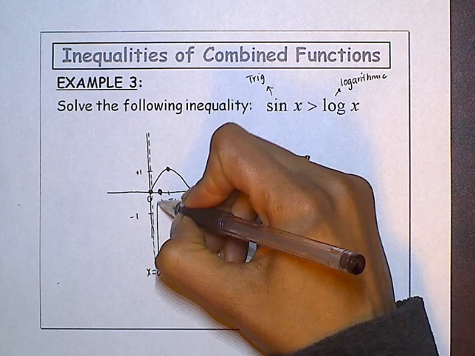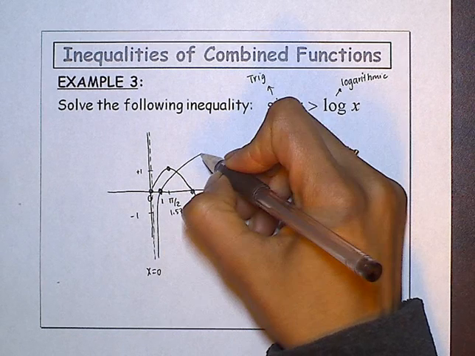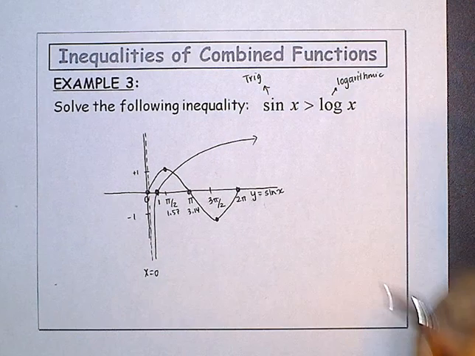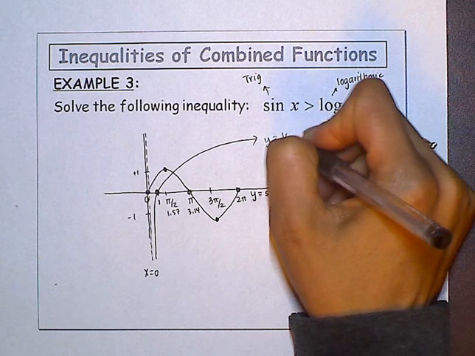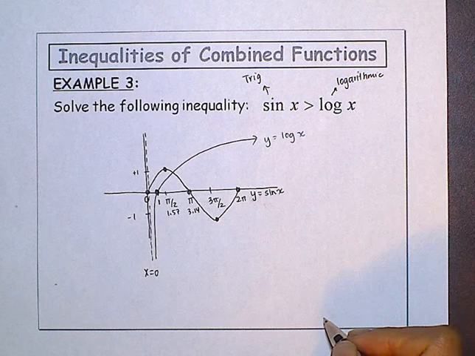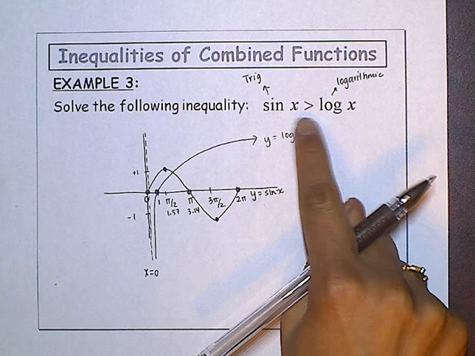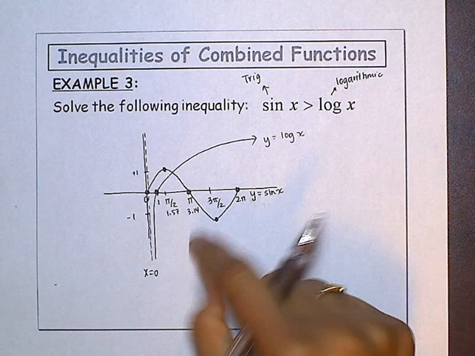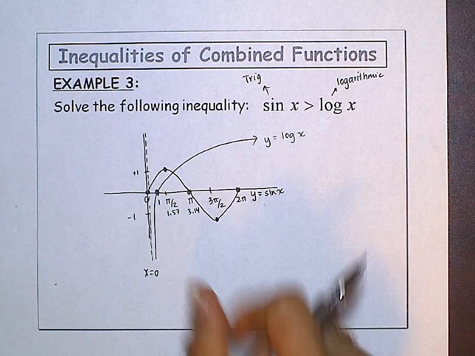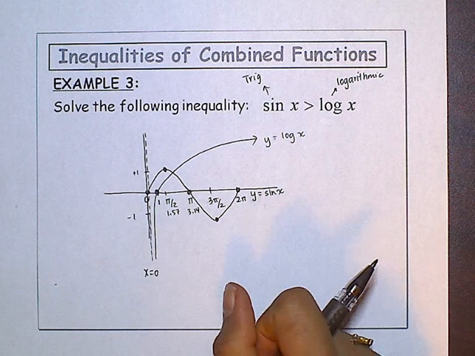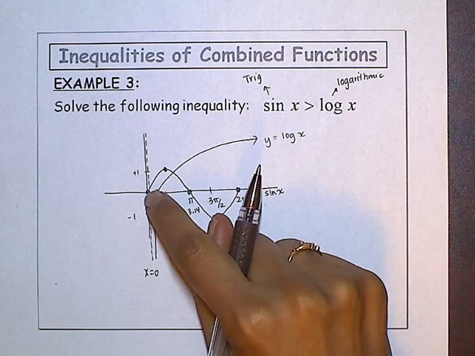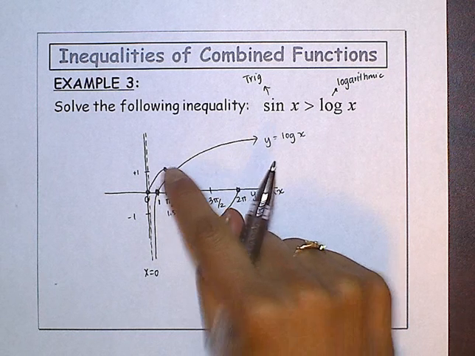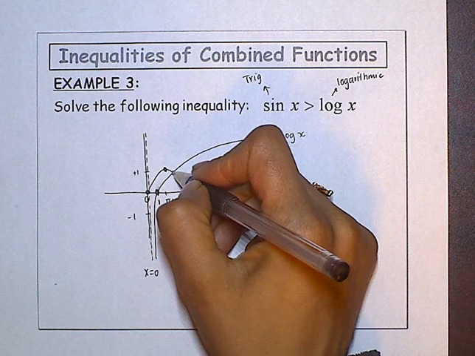And the question here is, where is sine of x greater than log of x? If I look at just the first quarter of the function, sine of x is greater until it touches this point. And 0 is not included because I have an asymptote here. So the sine of x function is greater than the logarithmic function from 0 to that point right there, and I have to figure out what that point is.